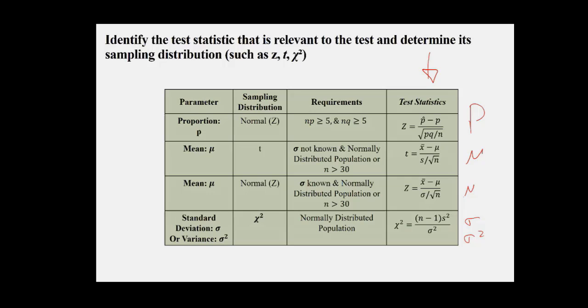If you're dealing with a proportion, your Z is p hat minus p over the square root of pq over n. If you're dealing with the mean, mu, it depends on whether sigma is known or not. If it's known, Z is x bar minus mu over sigma over square root of n. And if it's not, you use the t. Finally, if you're using standard deviation or variance, then chi-squared is (n minus 1) s squared over sigma squared.